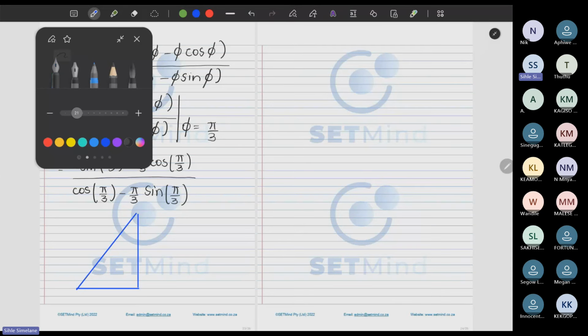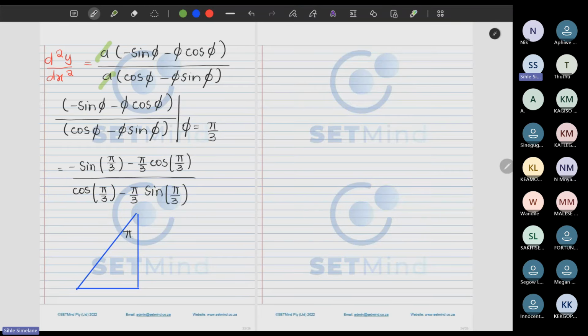Okay, so let me quickly do this. I'm not seeing any response. So yeah, when I was doing maths, for whatever reason, they don't allow us to use calculators. And I think 1, 2, square root 3.